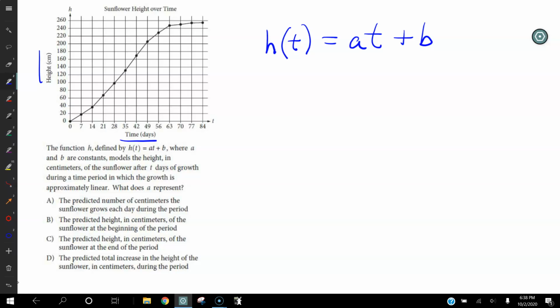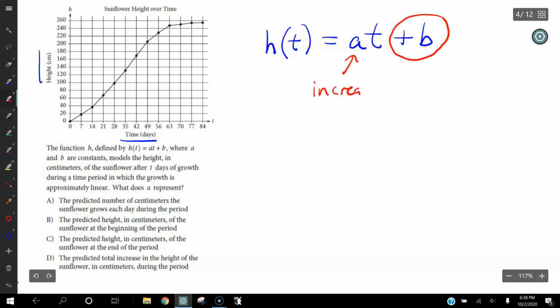What does A represent? So remember, in general, this back number is your starting amount, and the slope, which is the number right in front of the variable t, represents an increase or a decrease. And in this case, it would be an increase because A is a positive number. There's no negative sign there. So I believe A is going to be the increase of height, or increase of growth.